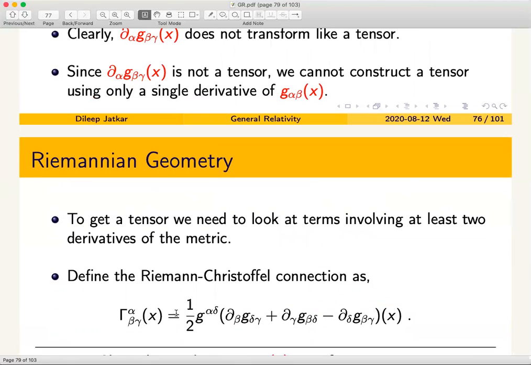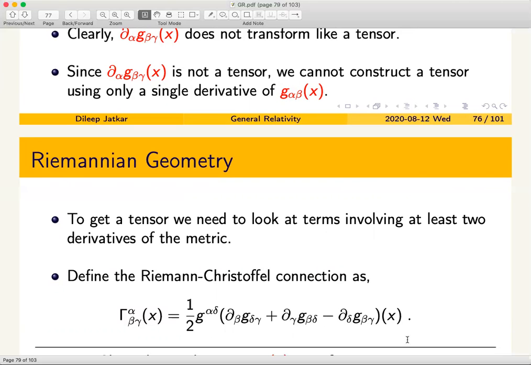It is written like this: half of the inverse metric g alpha delta, where alpha is the free index on gamma alpha beta gamma and delta is summed, times the partial derivative with respect to beta of g gamma delta, minus the partial derivative with respect to gamma of g beta delta, minus the partial derivative with respect to delta of g beta gamma.